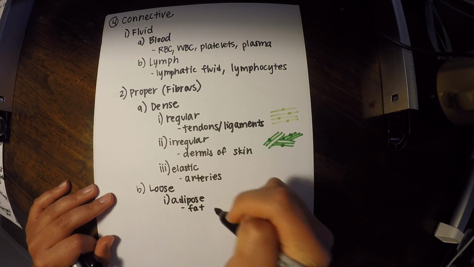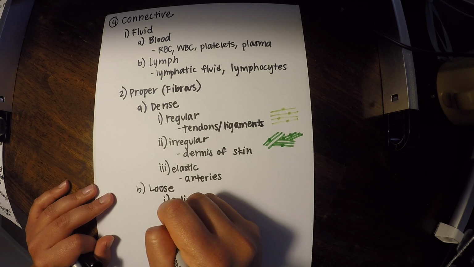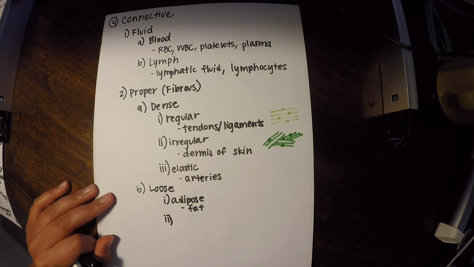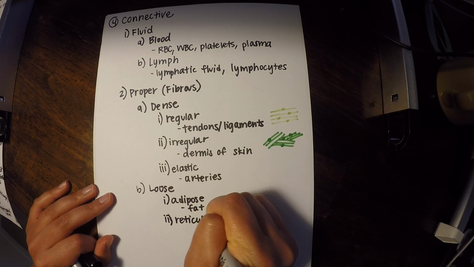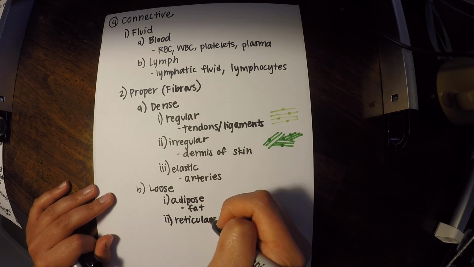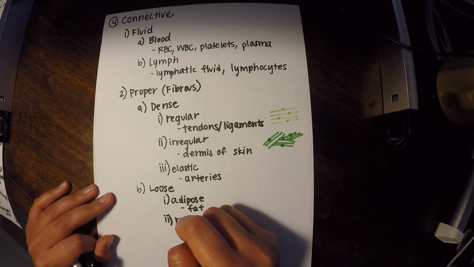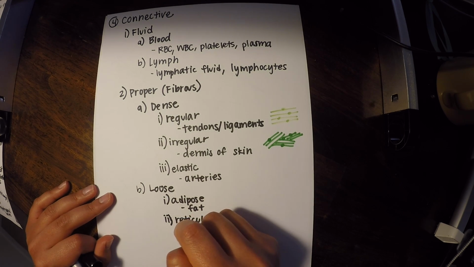Our second one is called reticular, and that basically supports lymph organs.